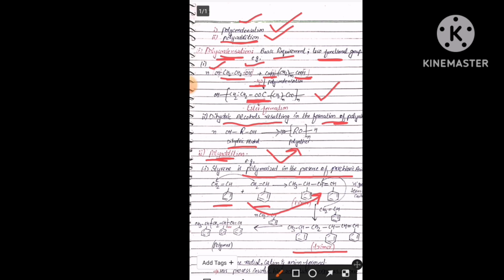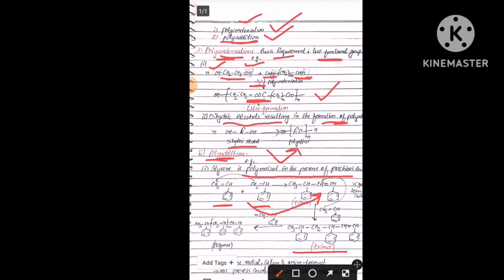So students, you will get a clear difference between this polyaddition and the earlier one, addition polymerization in chain growth polymerization, where the mechanism proceeds with an initiator, either a free radical mechanism or an ionic mechanism.